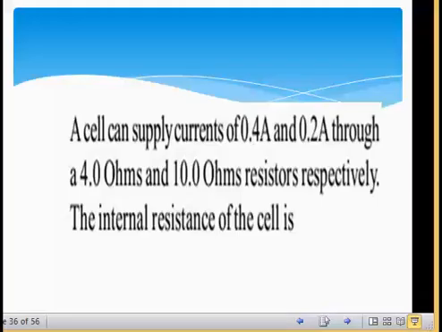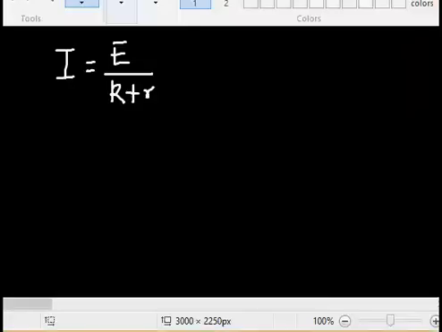Remember the formula for current: I equals E all over capital R plus small r. We are told from the question that this cell can supply 0.4 ampere to an external resistor of 4 ohms.